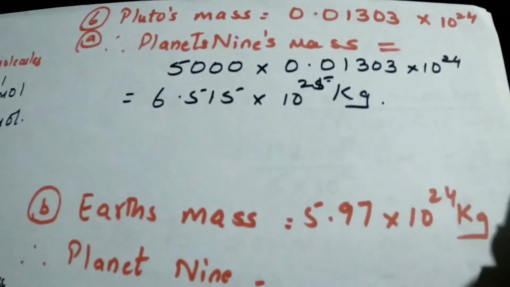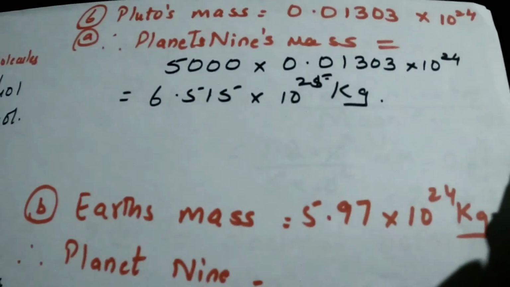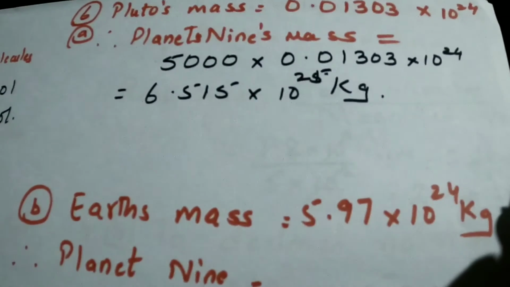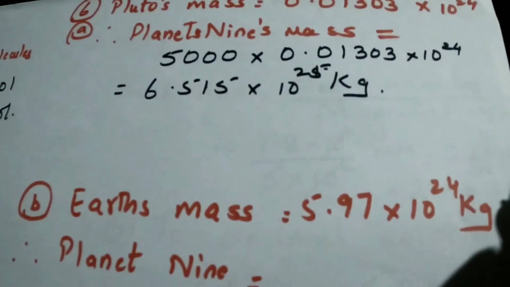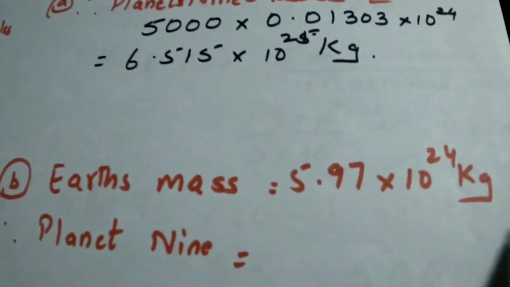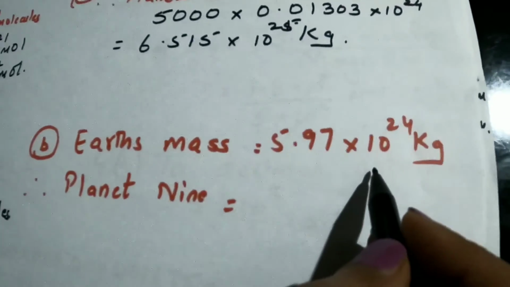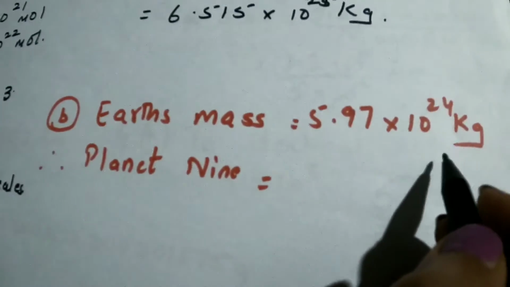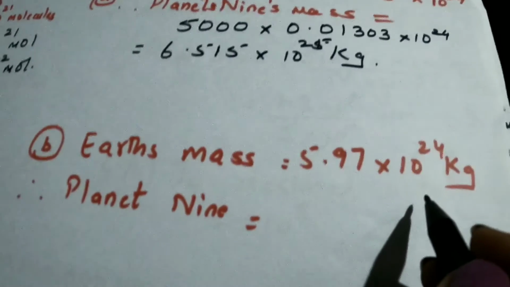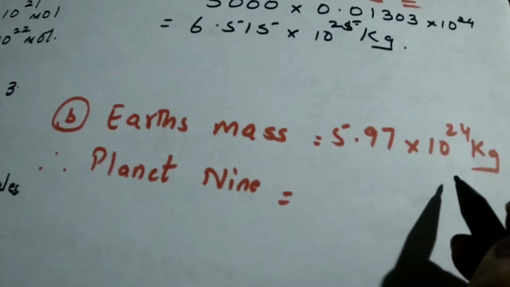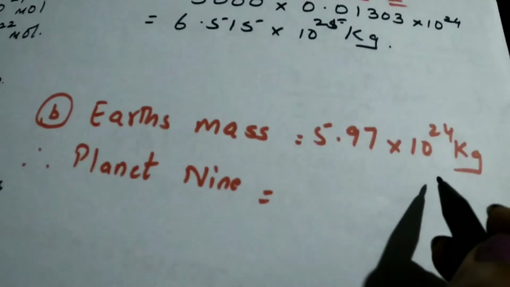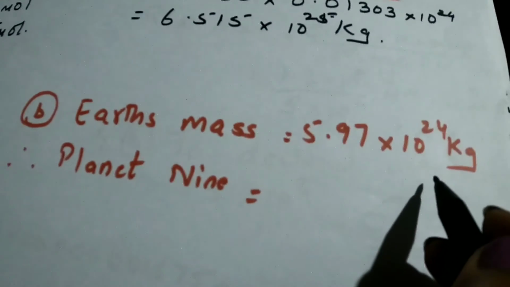Okay. The next one, B part of the question says the Earth's mass is 5.97 into 10 raised to 24 kgs. Find out how many times planet 9 is bigger or smaller compared to the Earth. Write down your answer correct to the nearest digit.